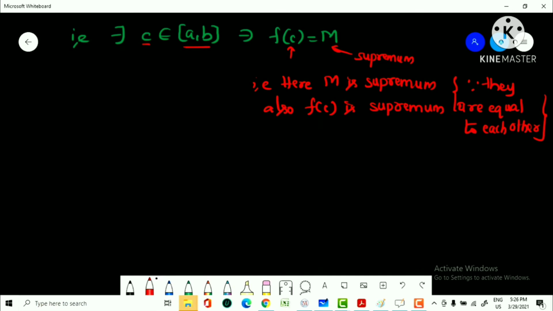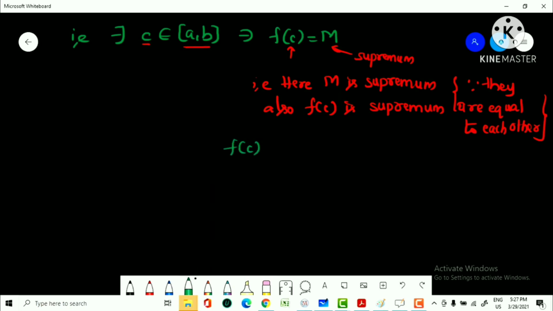Now since we have taken c as the supremum over there, c as the supremum, let me write in another ink. Since c is only supremum, I can write plus or minus h on both sides, plus or minus h. Since this is our supremum, let us take the function only.